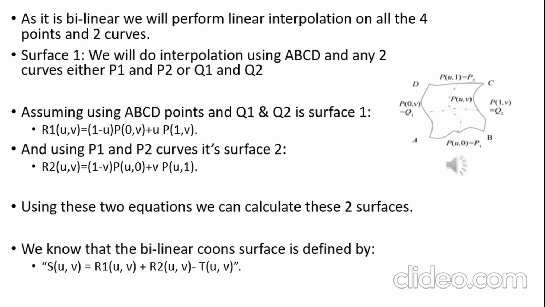And using these two equations, we can calculate the two surfaces, and I already mentioned it before, but to find the bilinear cone surface, the equation is given below, where we already calculate the R1 and R2 using the equations given above. And the picture on the right is the generalized cones patch that we will use to understand the equations.